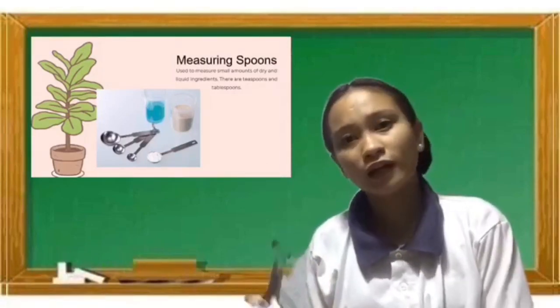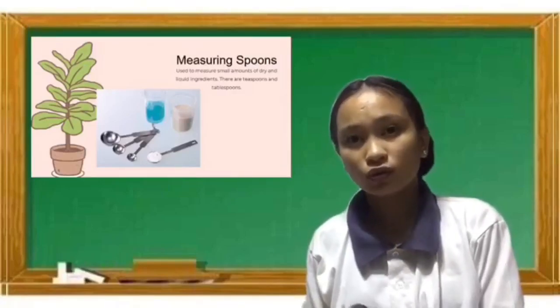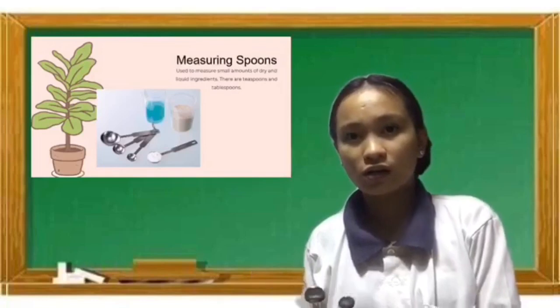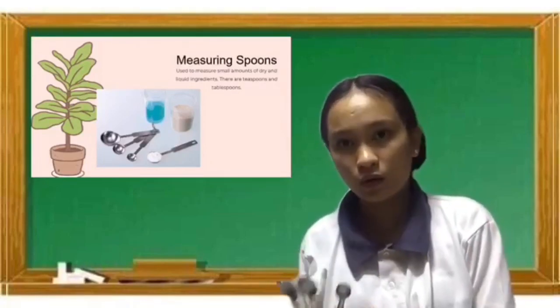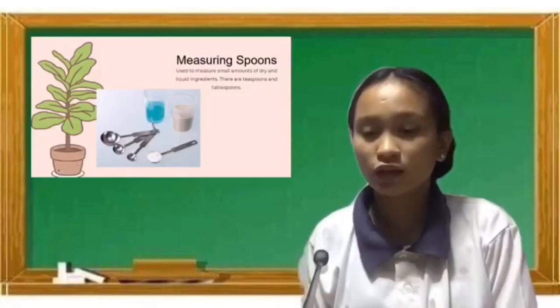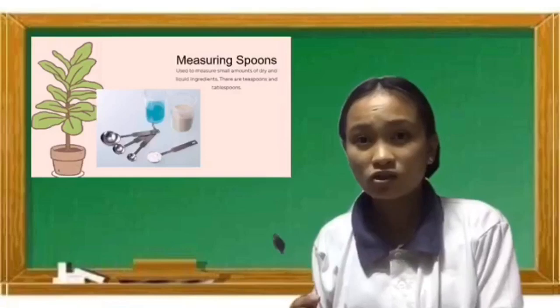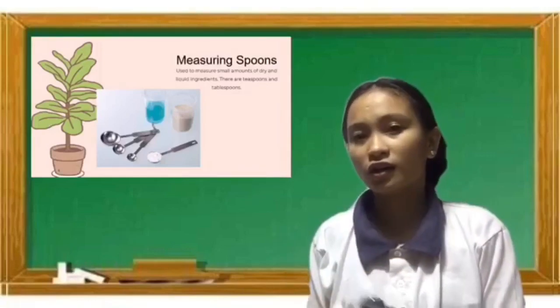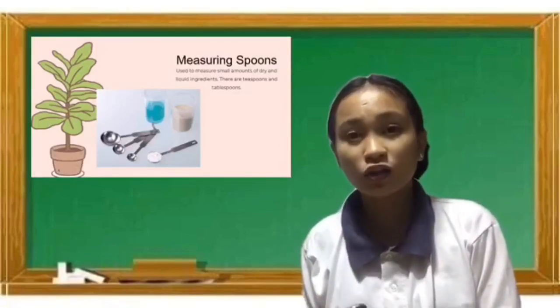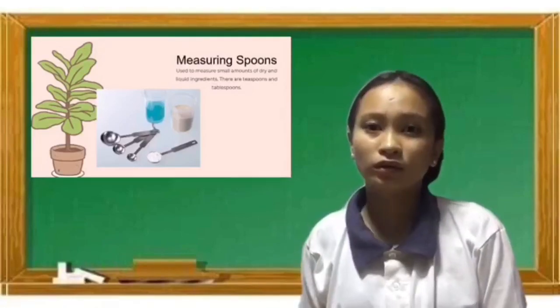Tablespoon, class, we can use it to measure salt or sugar in a small amount, and also in baking we can use it to measure baking soda, vanilla extract, cream of tartar, and other ingredients that we can scoop in a small amount.